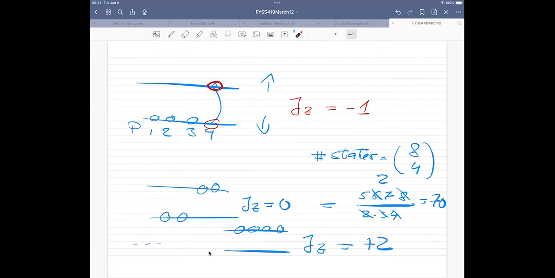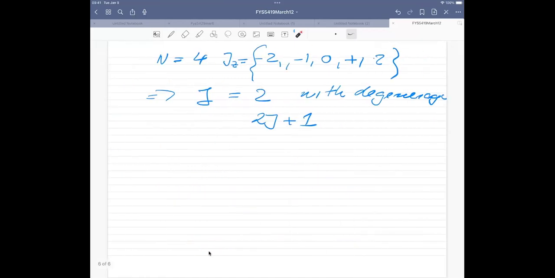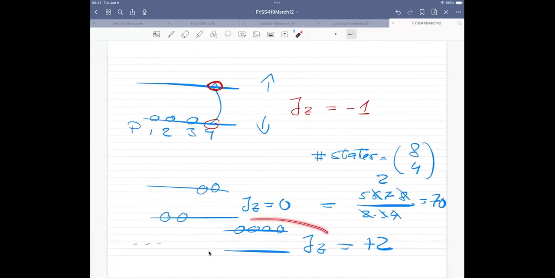However, the states where you are here, or rather this one, this is unique. There's only one such state with JC equal to -2, and there is only one with JC equal to +2, because we have filled in all the 4 slots in the highest lying level. So the 2 extreme values, -2 and +2, are just represented by one single state.